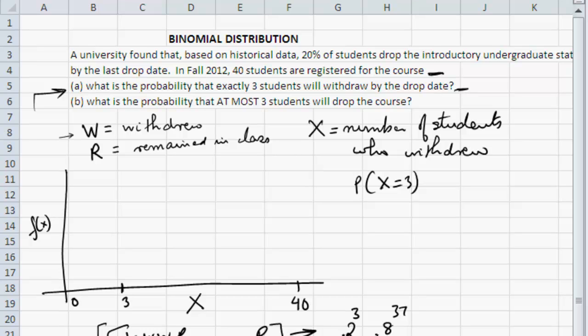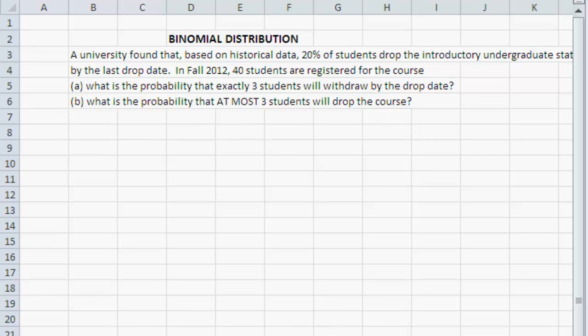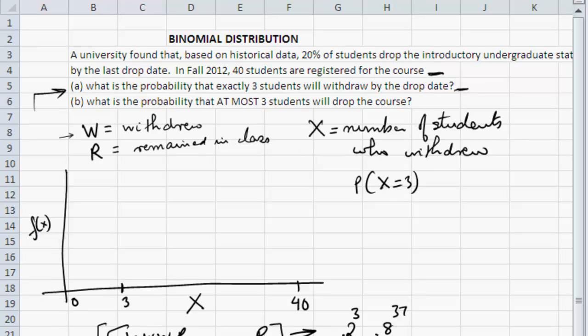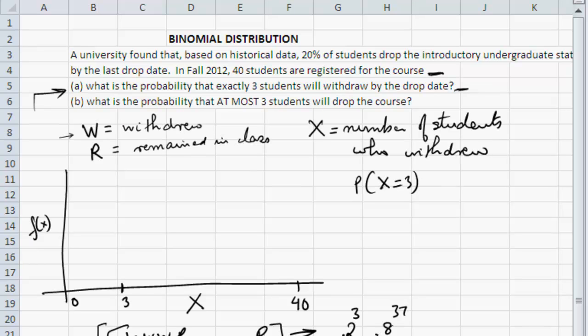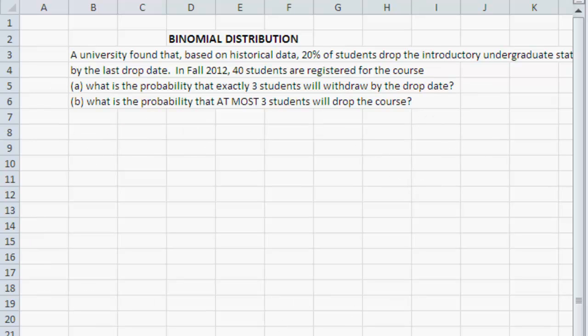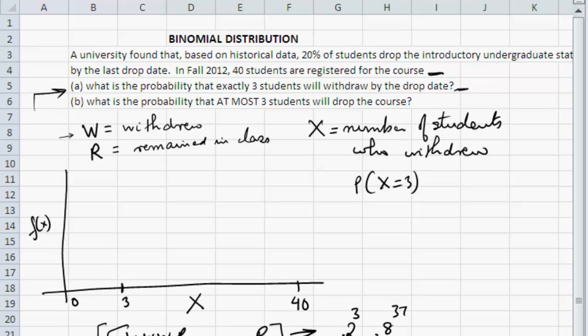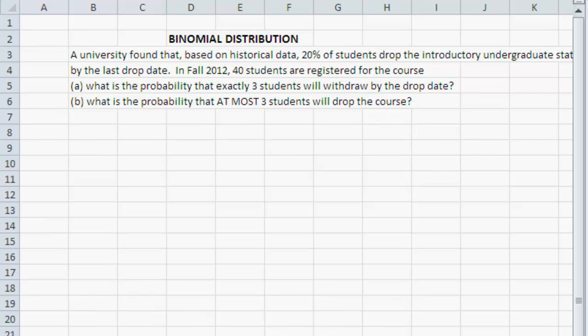So in general, the probability of x successes, small x successes, is simply 40Cx times 0.2 to the x times (1 minus 0.2, which is basically 0.8) to the power 40 minus x.